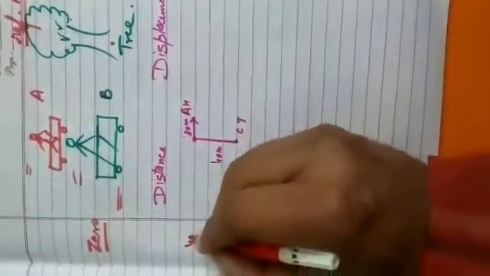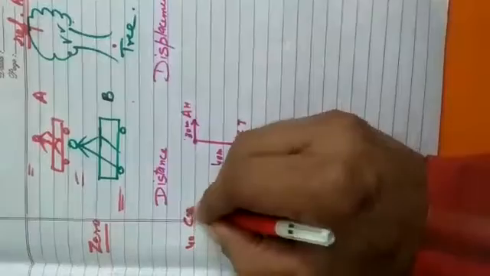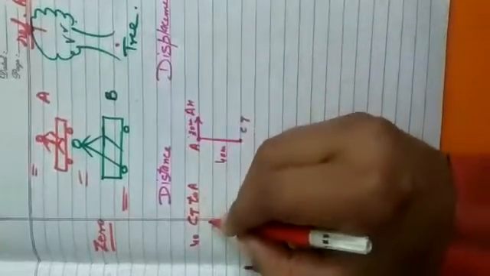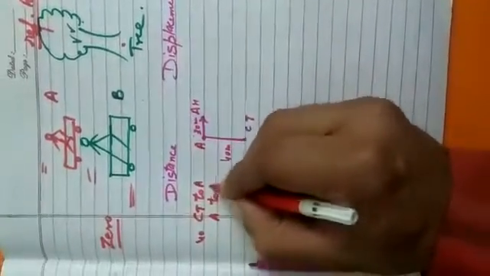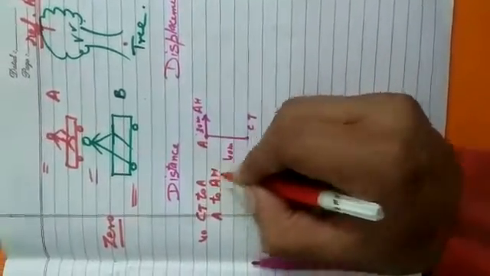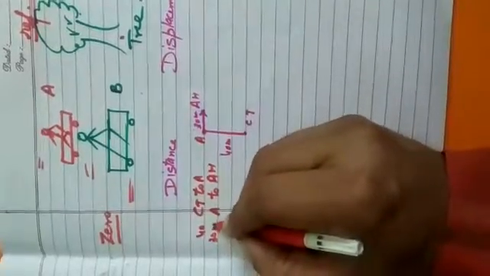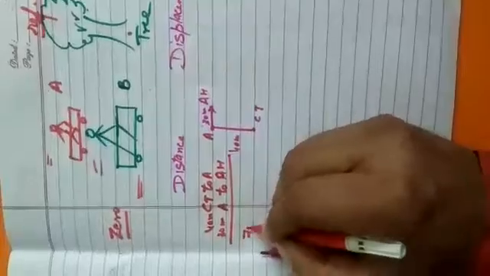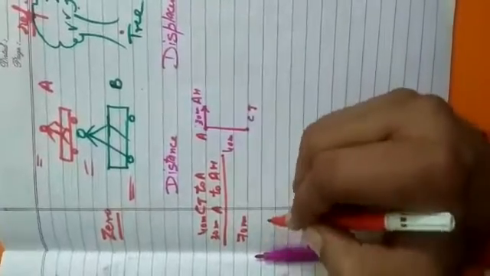I have travelled 40 meters from clock tower to point A, and from point A to Esley Hall School 30 meters. The distance travelled is 70 meters.